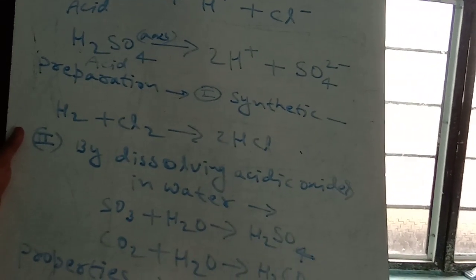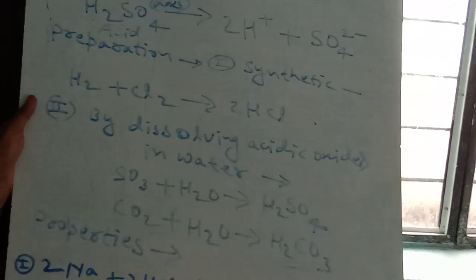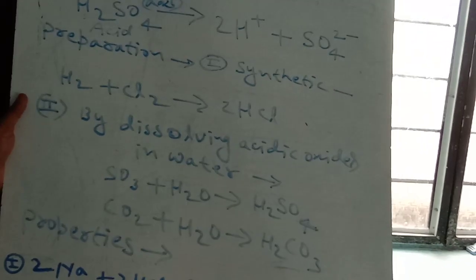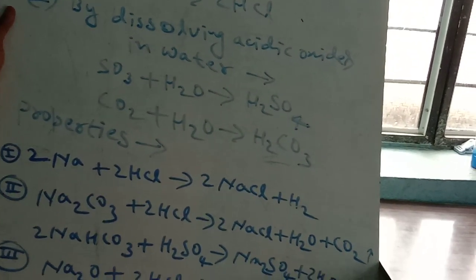Now dilute acid: acid with more water in it is dilute acid. Concentrated acid: acid with less water, this is concentrated acid.